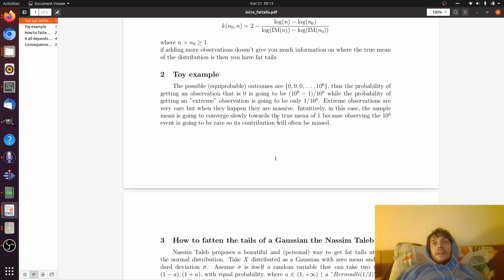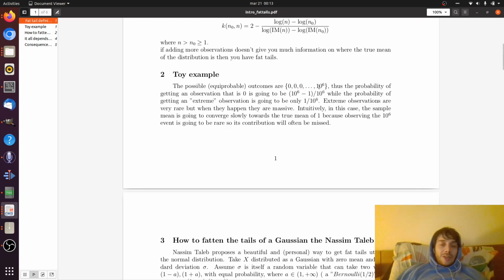And this is a bit counterintuitive, because when you think about distributions with fatter tails, you might think that the extreme observations happen more often. But this is not the case, and it really depends on the definition that you're going to give of extreme observations. In this case, we don't have much choice because the observations are going to be either 0 or 1,000,000.